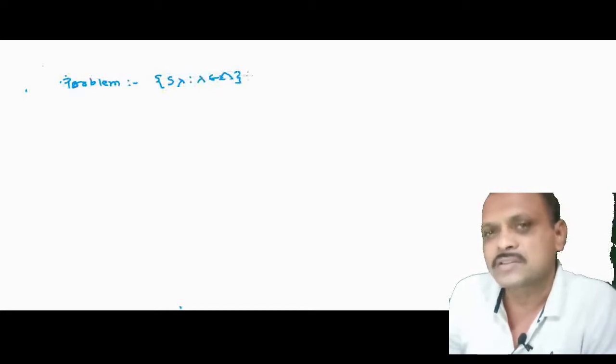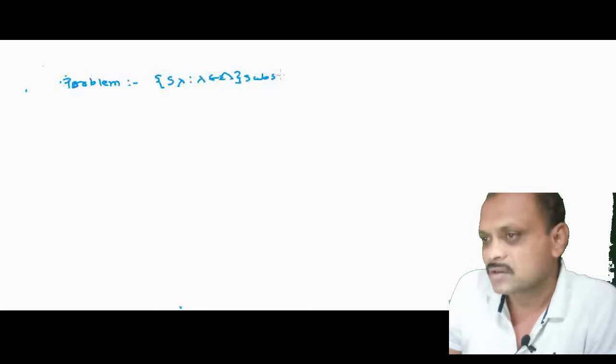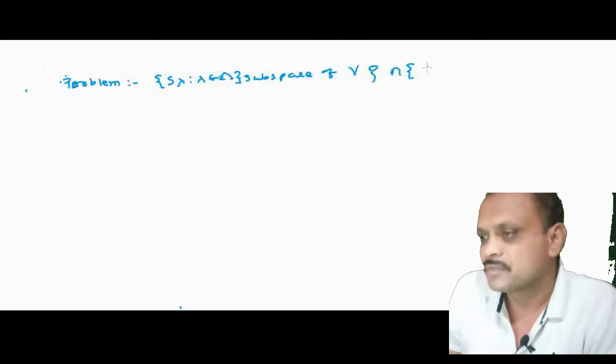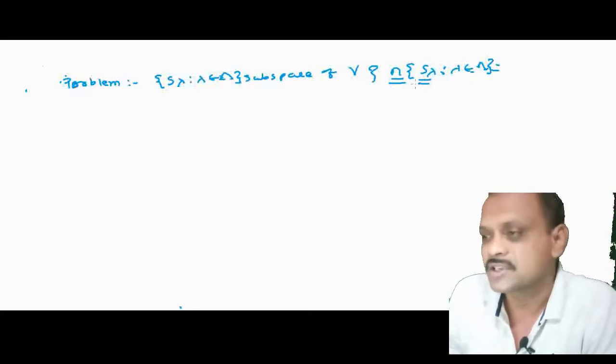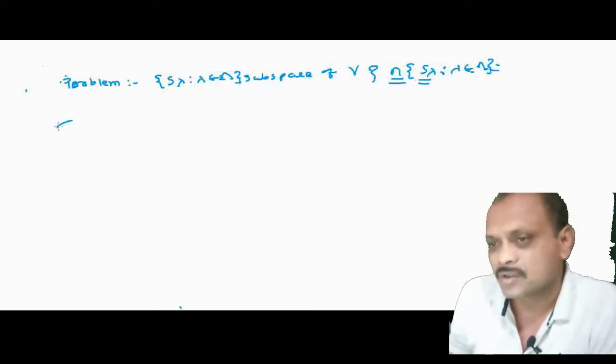These are subspaces of V. Now the question is whether their intersection of S lambda, lambda belonging to capital Lambda, is a subspace. This is our question. Intersection of subspaces, any finite or any ordered set. So we prove this is also a vector space. Let us solve this.